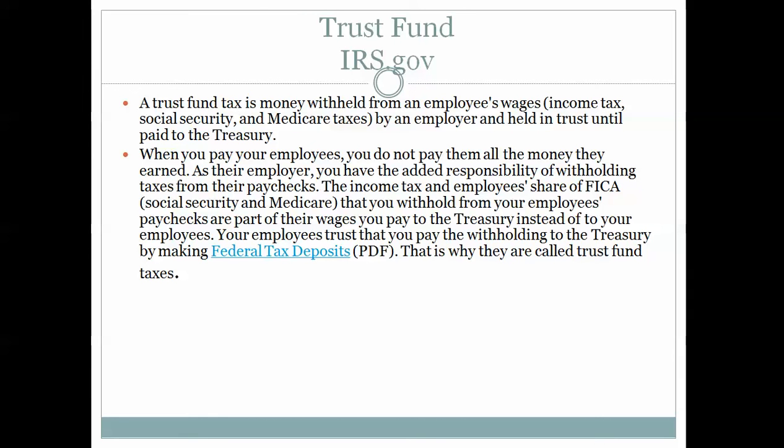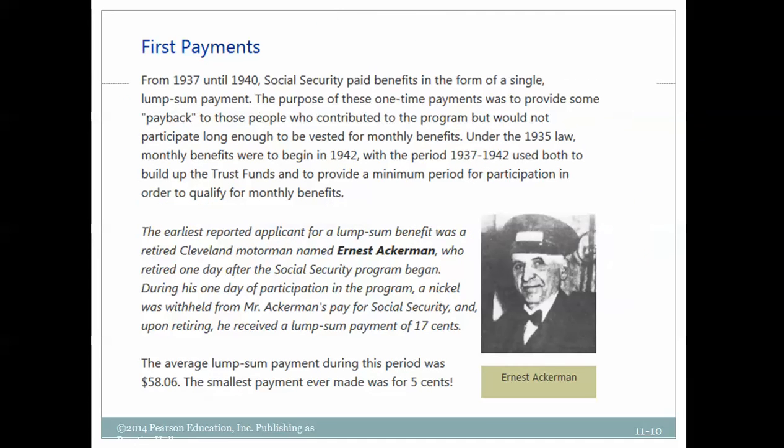You have entrusted or put into a trust fund your federal income tax, your state income tax, your Social Security and Medicare, and if that employer is running low on funds and they decide to keep your money to pay other bills and do not send it to the IRS, that is a very serious problem, and those employers may find an IRS agent knocking at their doors with guns drawn, and it is a reason that employers can have property seized, their business closed, and perhaps even go to jail.